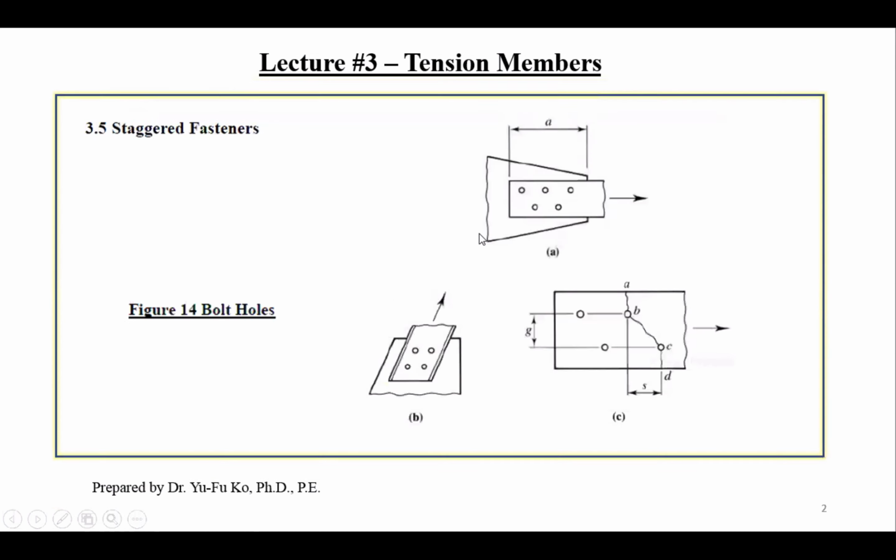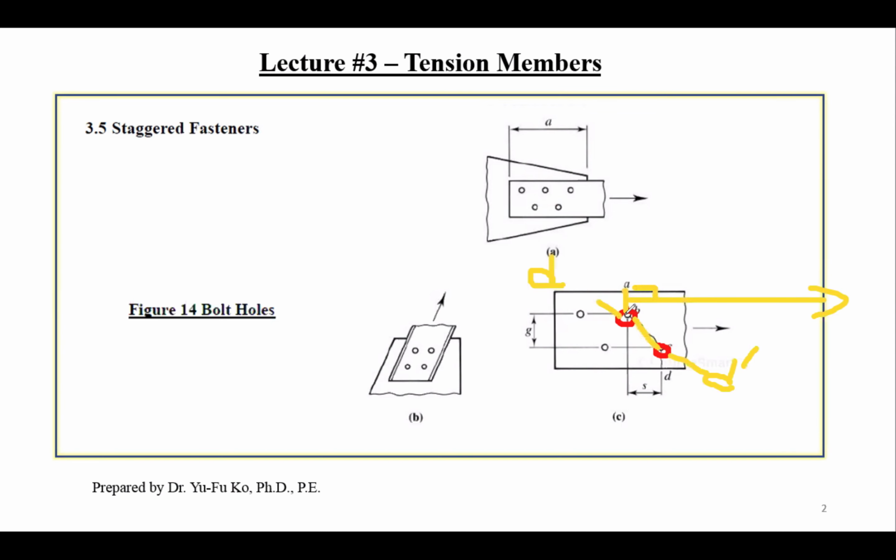So what does it mean? For these bolts, this is a failure path. This is at the end of the failure path, and this is non-staggered because it is perpendicular to the loading, so you use d in your calculation. But now for this hole, this is inclined. At the end of the inclined failure path, you have to use d prime for these bolts to account for the stagger bolt effect.